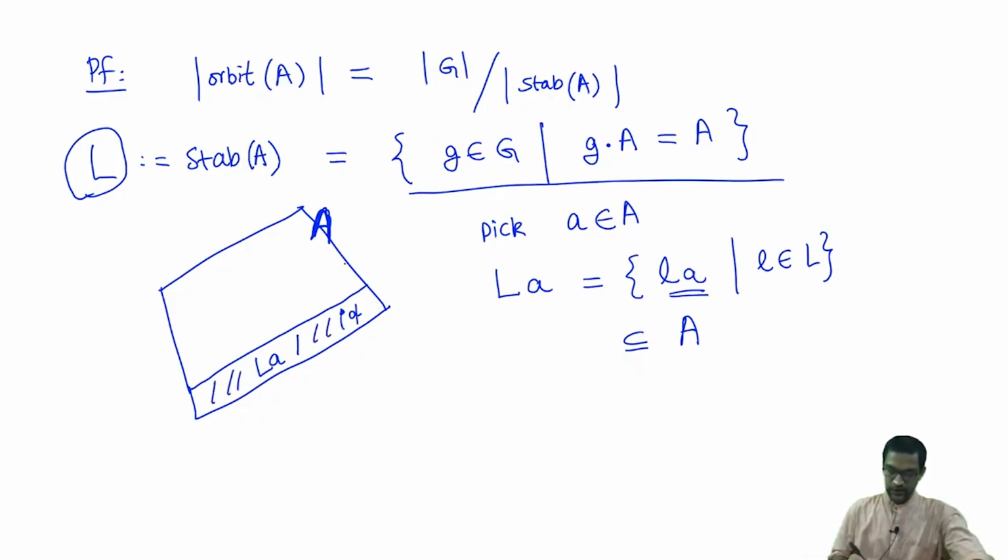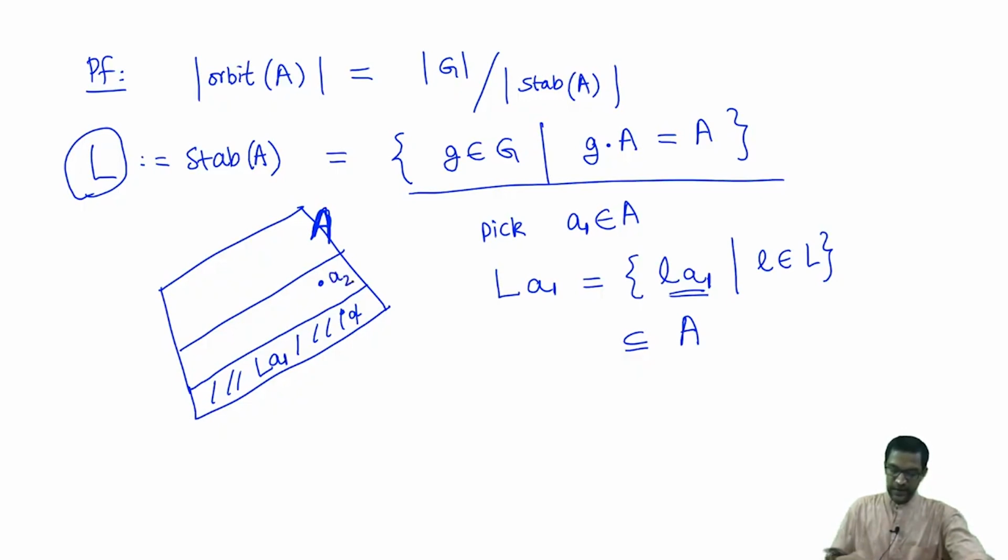Okay, now we keep going. Suppose this exhausts A, then we are done. If not, there is another element inside A. Maybe we should call this A1. Pick an element A1 inside A. If LA1 is all of A, stop.